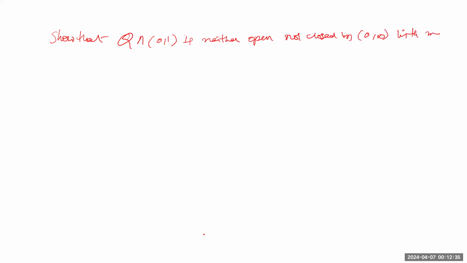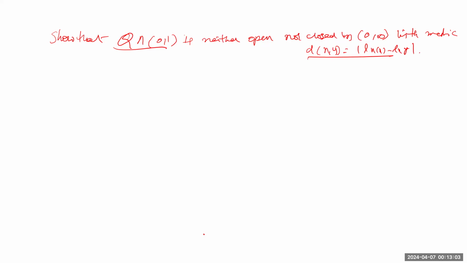What is the metric? With metric d, it is d of x comma y equals the modulus of ln x minus ln y. So with respect to this metric, this set is neither open nor closed.